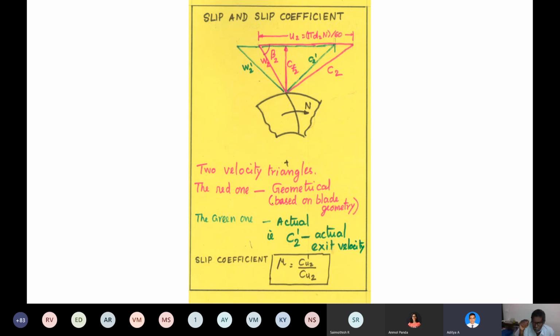So one thing is, people have conducted experiments and they have found that when you increase the number of blades, the slip becomes less. Now what you see and what is our understanding, they have to be connected. So the idea is when they are very close, it will just go out in that direction.